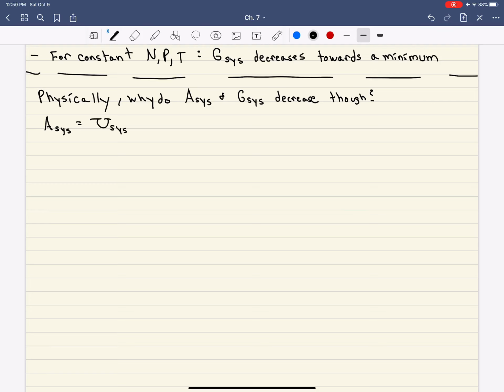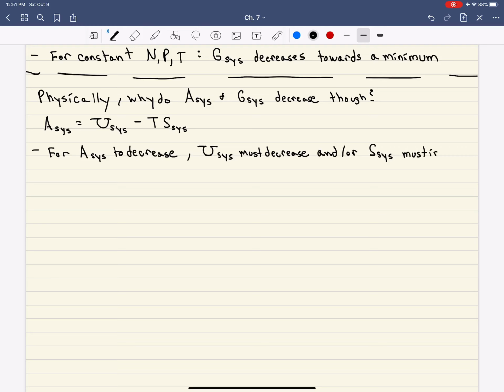So for the system's Helmholtz energy, we see that it's internal energy minus T times entropy. And so for the Helmholtz energy to decrease, what must happen is that either U system must decrease, or, because of this negative sign here, and or S system must increase, right?